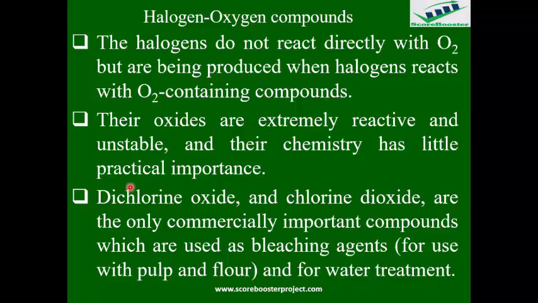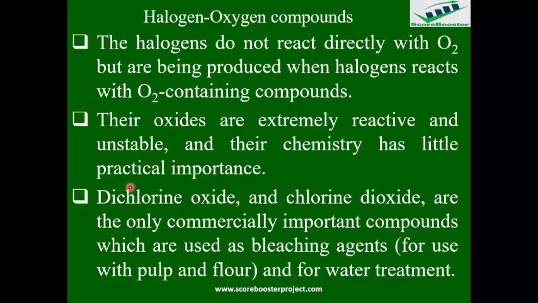When you react that with chlorine, you form water and a compound that contains oxygen and chlorine. It could be ClO2, ClO3, or HClO, depending on the amount of hydrogen peroxide with respect to the halogen.